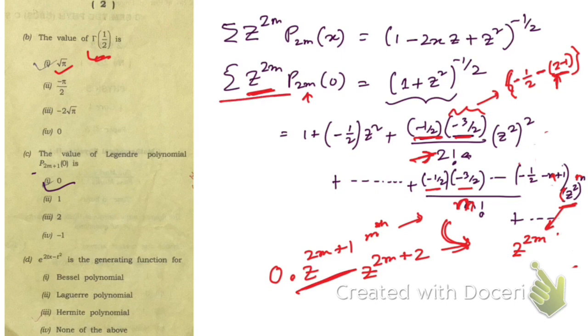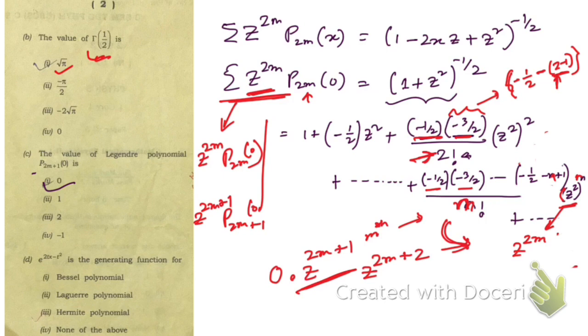And if you expand this as a sum of numbers, then one term you're going to have is z to the power twice m, p twice m of 0, and the next term you're going to have is z to the power twice m plus 1, p twice m plus 1 of 0.